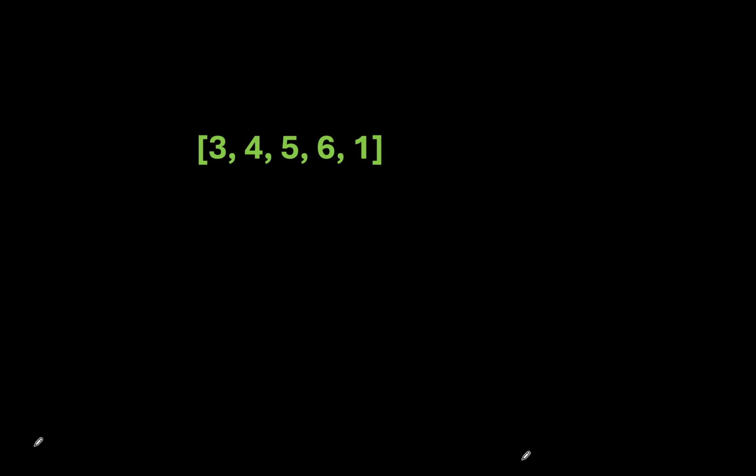Let me show you with this example. We have an array 3, 4, 5, 6, 1. What we will do is find the left prefix and also the right prefix. What that means is, for every element, let's suppose the element 5, we'll find the product of all the elements to the left, that will be the left prefix for index 2, and then we will find the right prefix, which will be the product of all the elements to the right of 5.